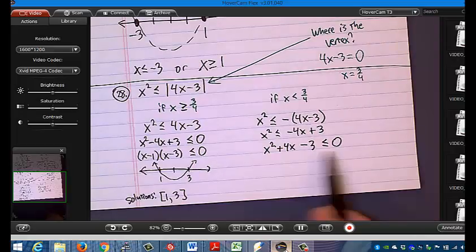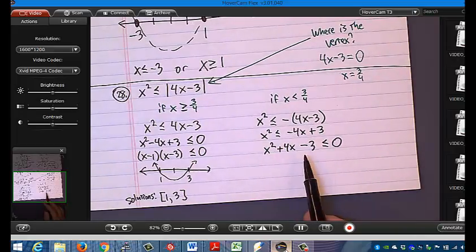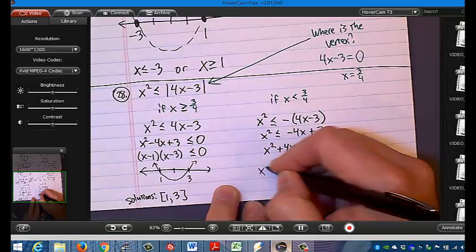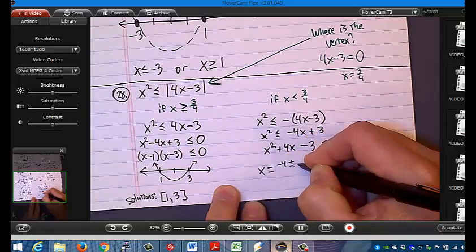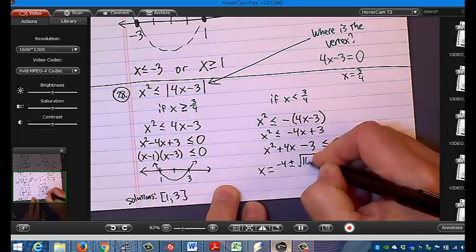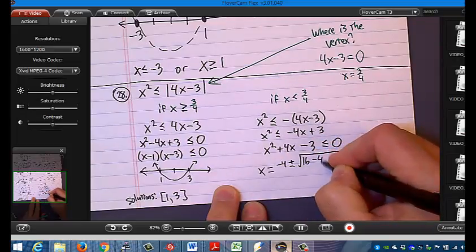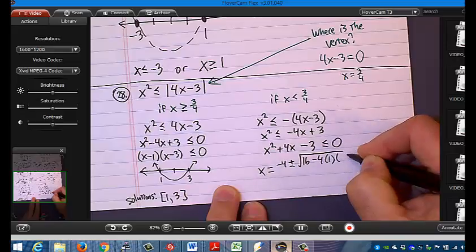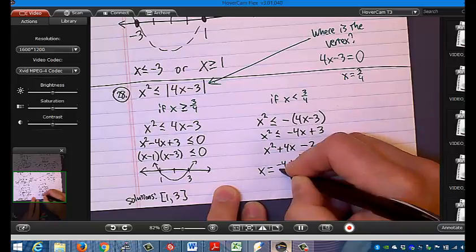How do you figure out how this equals 0? The quadratic formula. You guys are good. All right, so x equals negative 4 plus or minus the square root of 16 minus 4 times 1 times negative 3, all over 2.